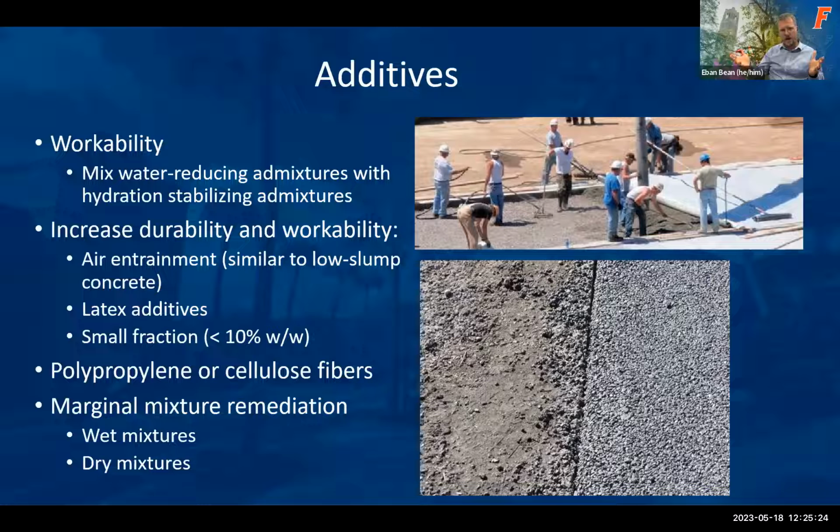Typically, we only have about an hour between when the mix is created and when it needs to be put in place. We can increase the durability and workability with air entrainment and adding in latex additives, typically a small fraction. Also, utilizing polypropylene and cellulose fibers can help to strengthen the binding of the aggregates and cement.